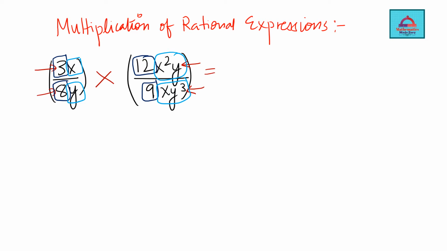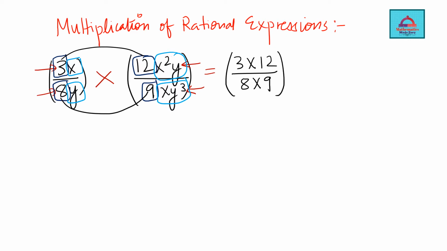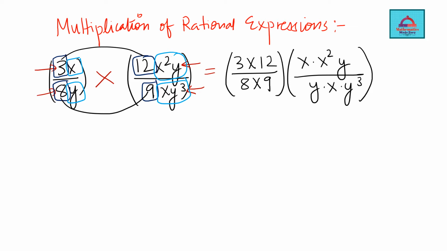So when we are doing the multiplication, we'll use the like term concept and we'll take the number in the numerator with the number in the numerator. So 3 will combine with 12, 8 will combine with 9, in the same order, numerator with numerator, denominator with denominator. And then we'll take the variable with the variable. So x will go with x square, y will go with xy cube. Okay, so number with number, variable with variable.